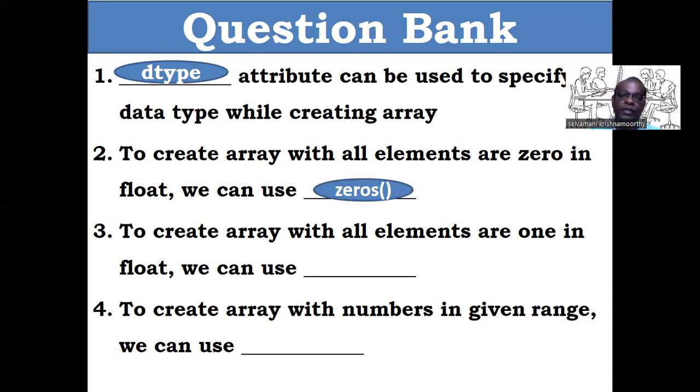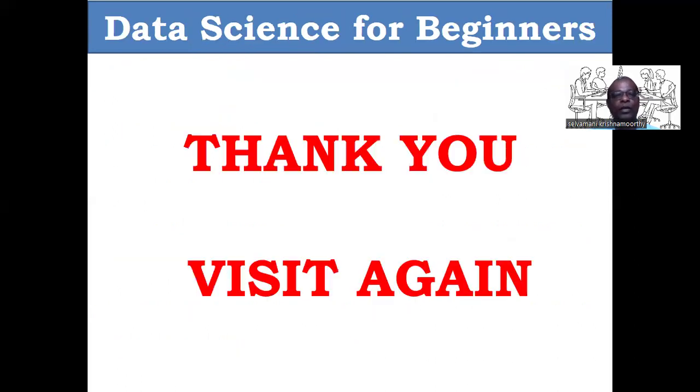Very good. Zeros function. To create array with all elements 1 in float, we can use, can you answer? Good. Ones. Try to answer the fourth one. To create array with numbers in given range, we can use, very good, arange function. I hope this is clear to all.